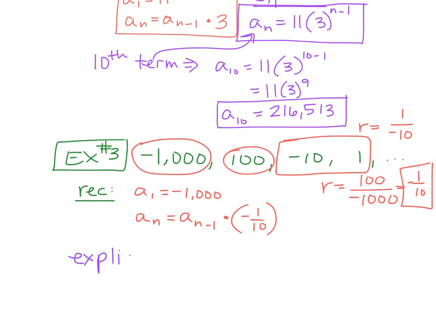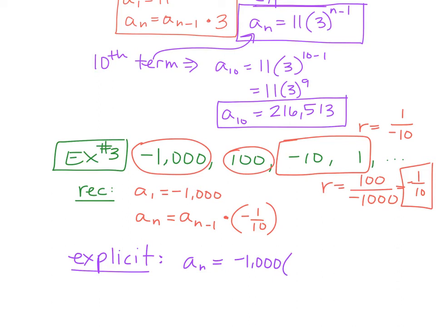Explicit. What are we going to do for our explicit formula? A sub n equals negative 1,000. So you start with the first term, negative 1,000. Then what? Your r.